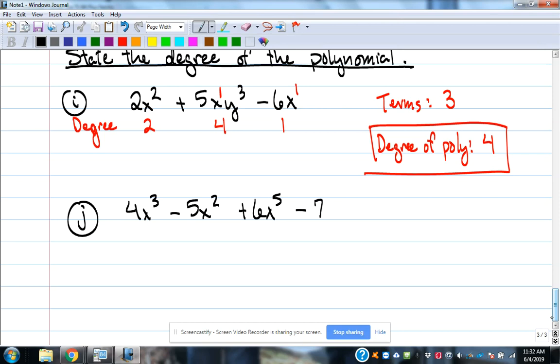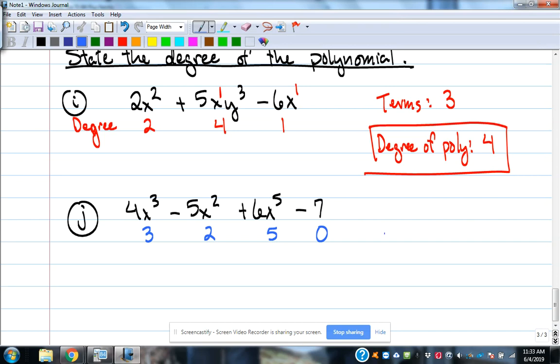So the degree of the first term, 3, second term, 2, next, 5. What's this one's degree? Nothing, and that would be 0, right? Since there's not any variables, there's a 0 degree on that. Okay, so no degree on that last term.